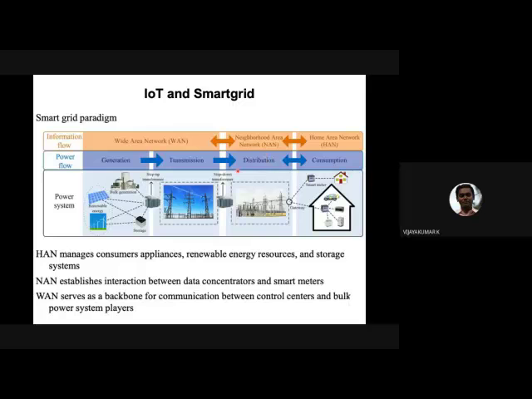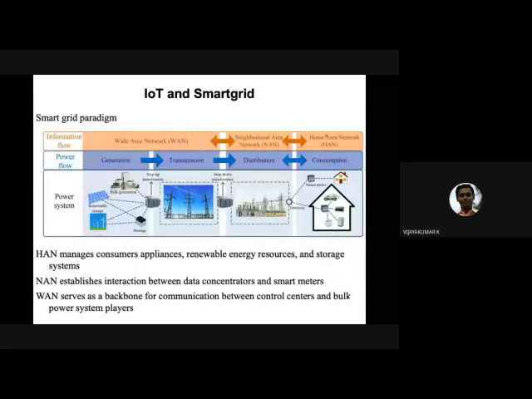Whatever happens up to the distribution level is called the neighborhood area network, NAN. And whatever happens at the larger level is the WAN, wide area network, right? So if you look at that, the information flow in all these areas is bidirectional.